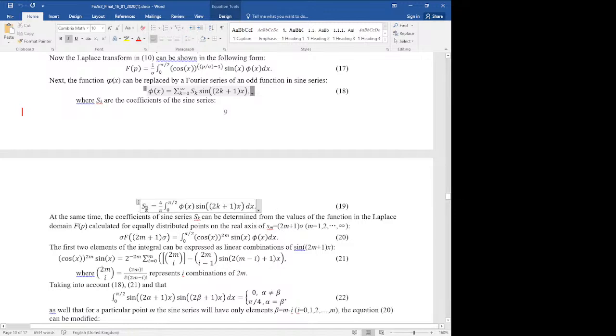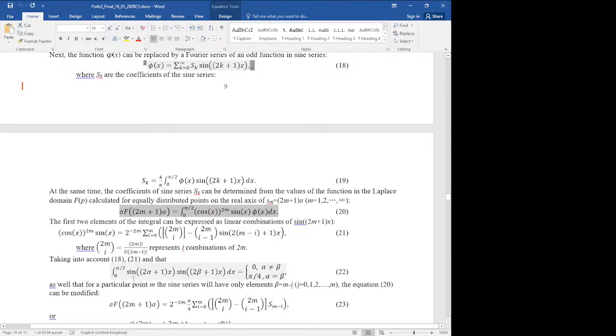Direct calculus of these sine coefficients is not possible, but we can find them from the opposite side, but we will need to use a kind of base point or base net of equally distributed points with a specific step between them.